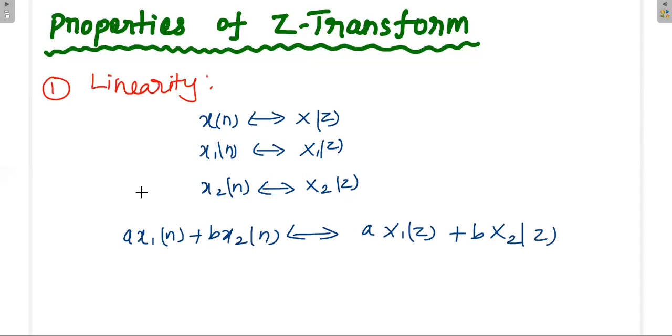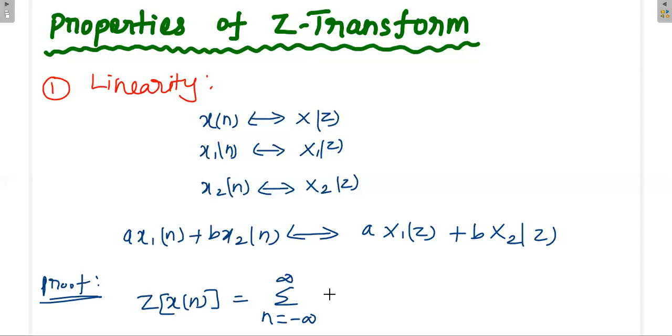Okay, prove. Z transform of the signal x of n is equal to summation n from minus infinity to plus infinity x of n z power minus n. Then what is the Z transform of the linear combination of the signal, that is a x1 of n plus b x2 of n?